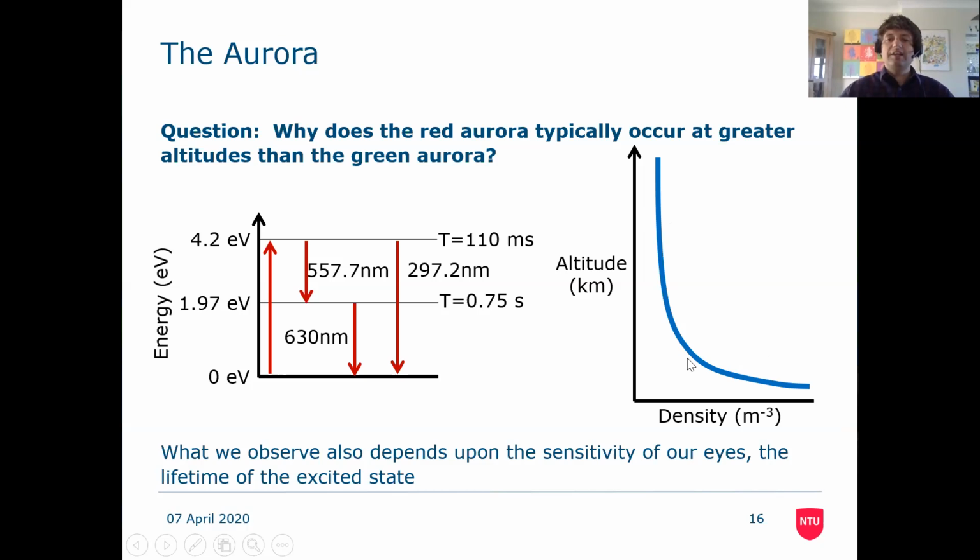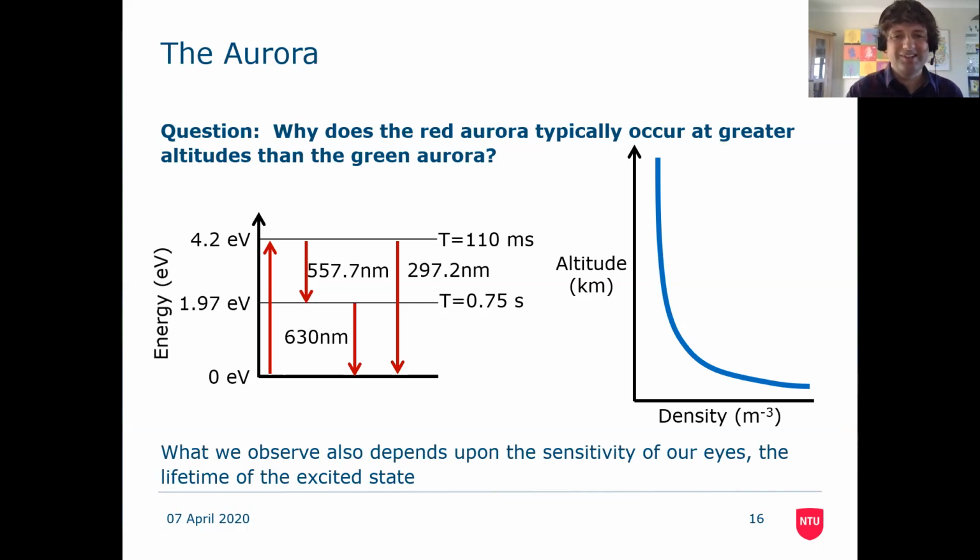So the further down in altitude we go, the greater the chance of a collision between our excited oxygen atom and the surrounding atmosphere. And that leads to a process called quenching. If basically all the excited oxygen atoms collide with something before light is emitted, then we never get light emitted.